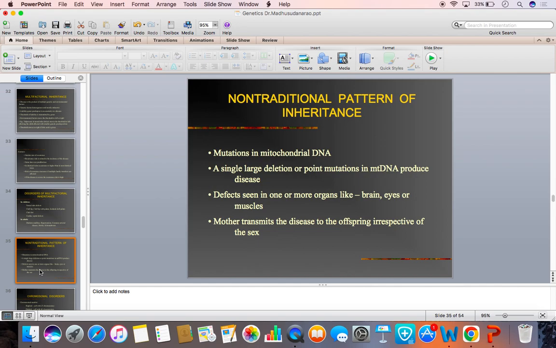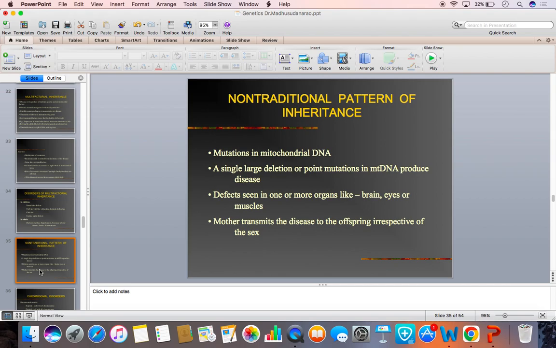Non-traditional pattern of inheritance. What are the disorders in this category? These disorders are caused by mitochondrial DNA abnormalities. There is a mutation in the mitochondrial DNA. There is nuclear DNA and mitochondrial DNA. Mitochondrial DNA manifests with a non-traditional pattern of inheritance.